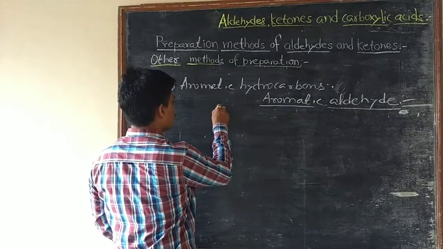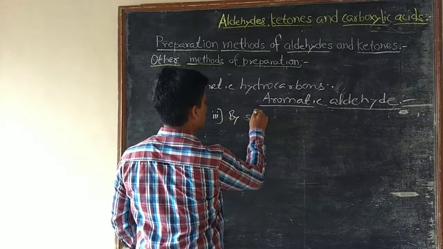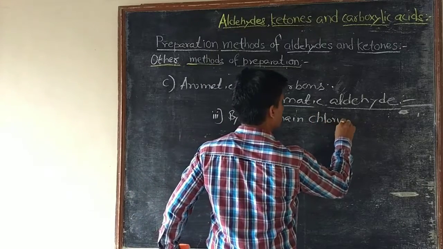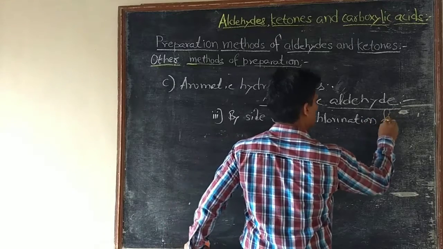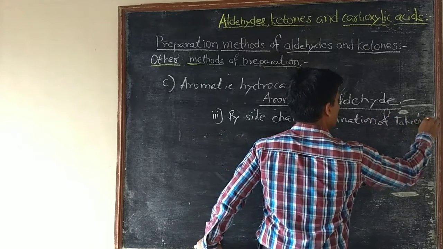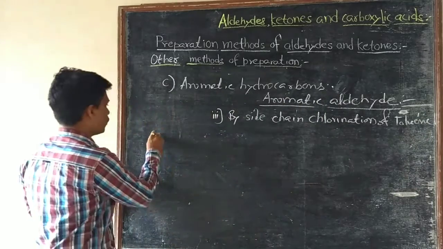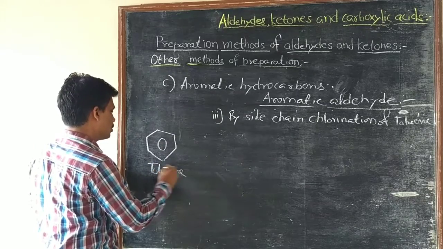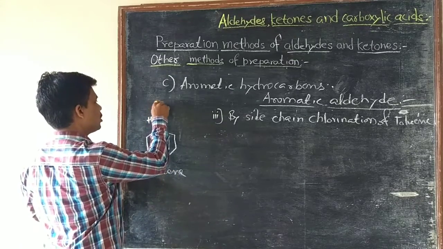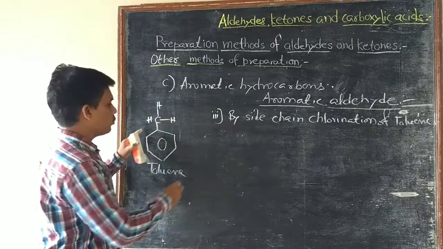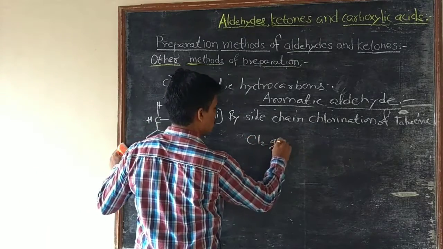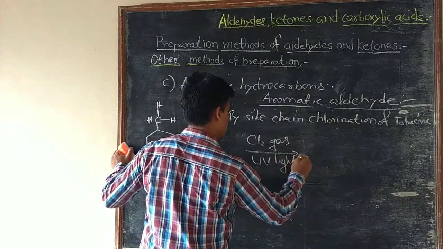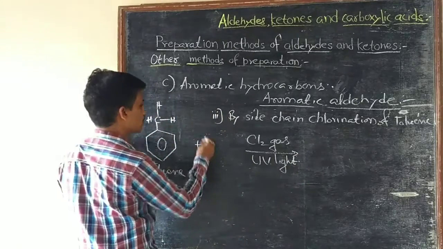Next method of preparation is by side chain chlorination of toluene. When toluene is treated with chlorine gas in presence of UV light, it undergoes chlorination.